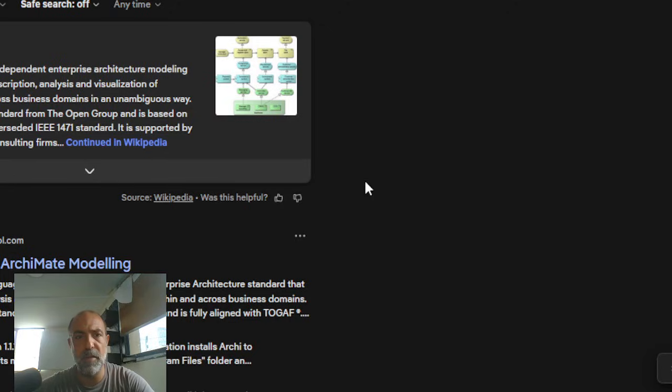Archimate is an open and independent enterprise architecture modeling language that supports the description, analysis, and visualization of architecture across business domains. Archimatetool.com.